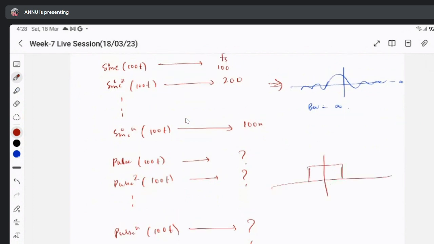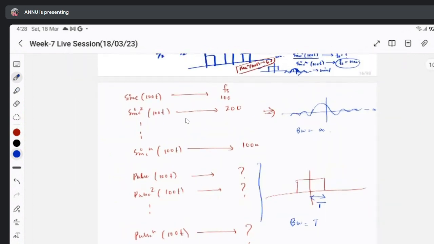You have to make sure the bandwidth is limited. So why do we consider the raised cosine pulse? The answer lies here. So this is the homework for you, and I just want you to find out. In the future we follow it as a raised cosine pulse instead of this pulse function.